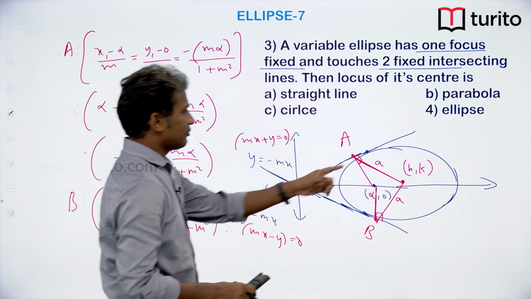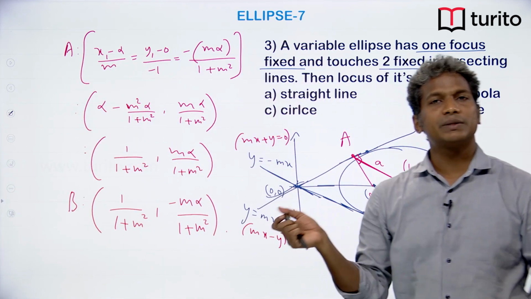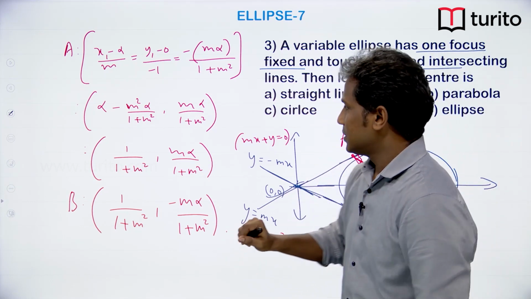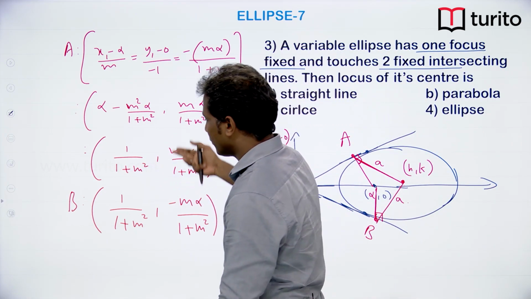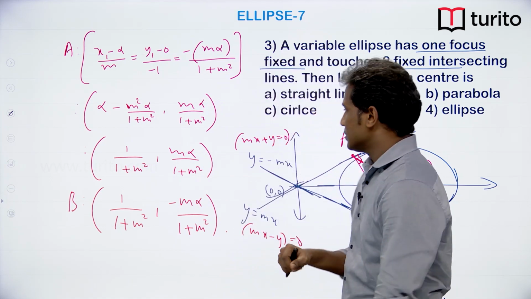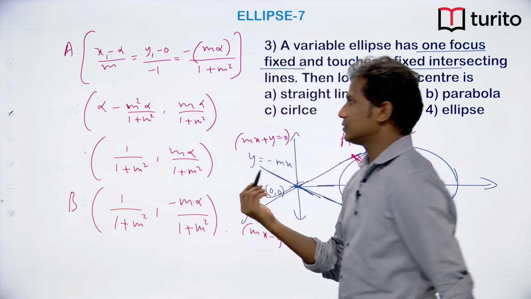Now, distance of h comma k from these 2 points must be equal to a, and here if we observe only the y coordinate is reversed. So, when I apply the distance formula, what do I get?